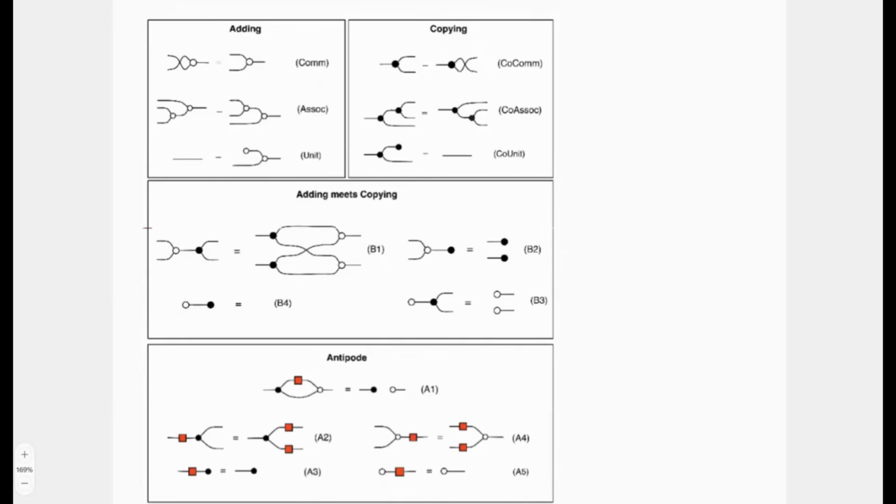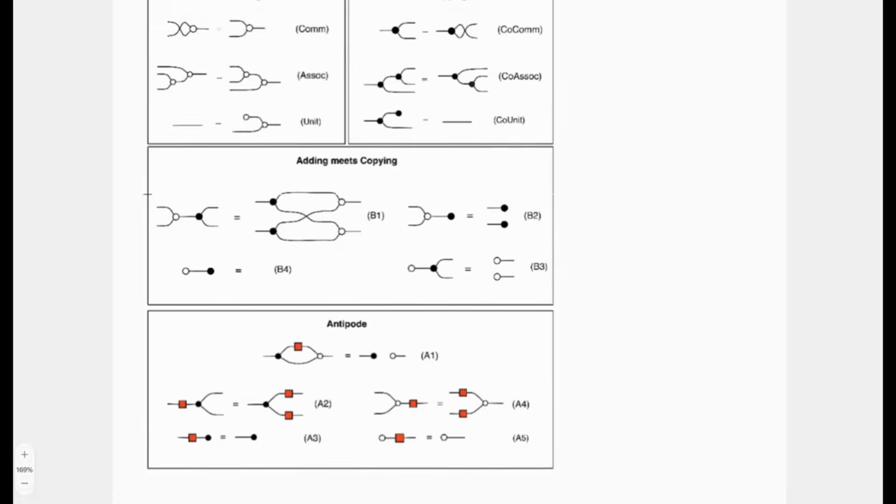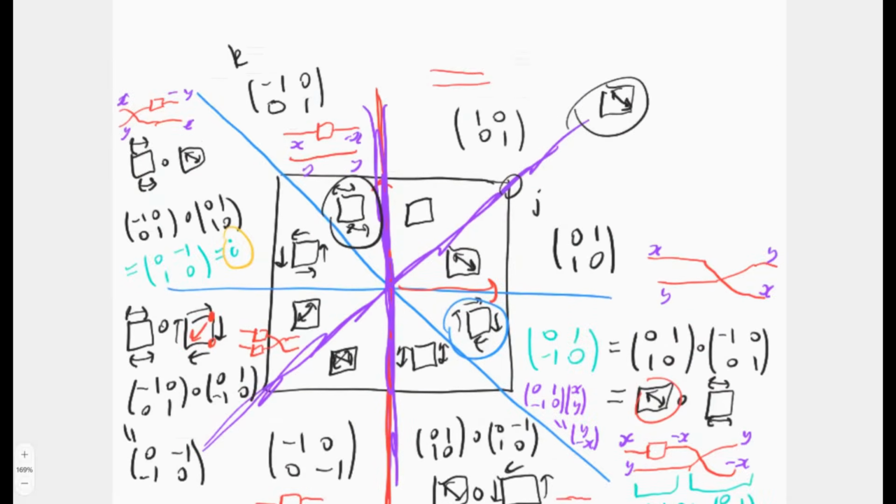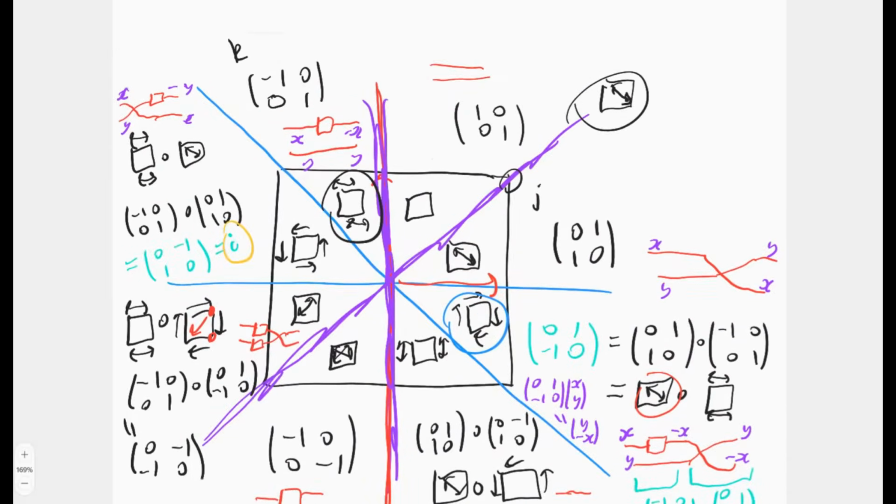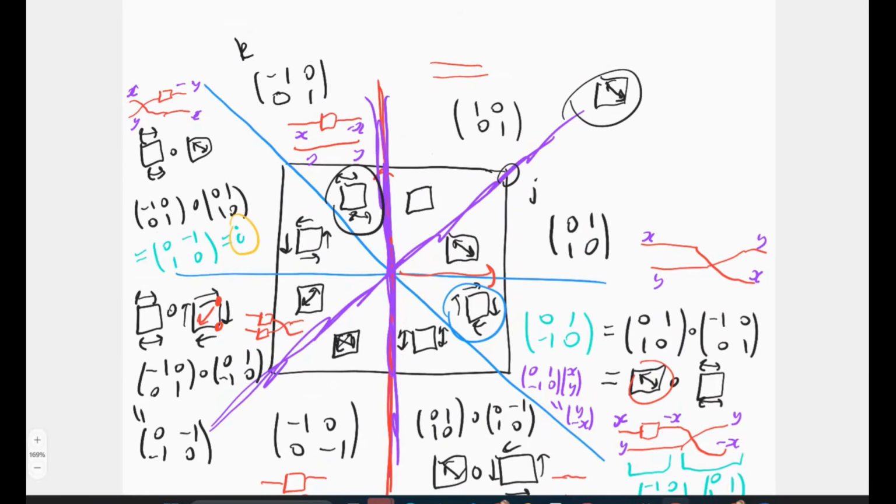And I think it's pretty nice being able to look at what's going on with the square in terms of these diagrams. Also because it can be combined with Homotopy.io, which is some really interesting software.